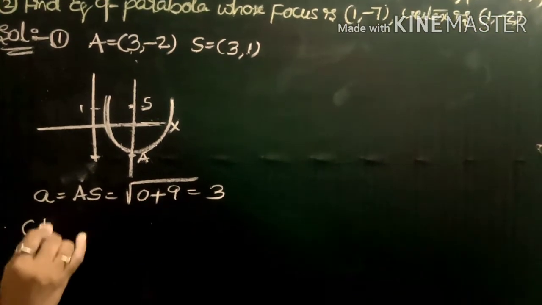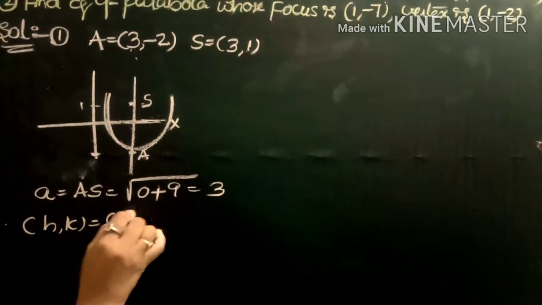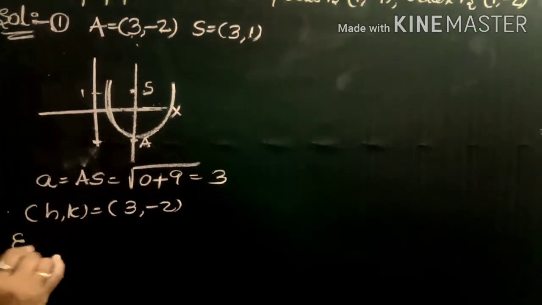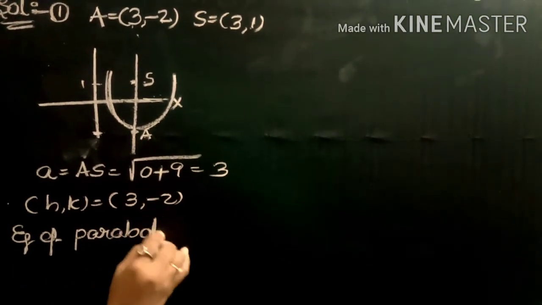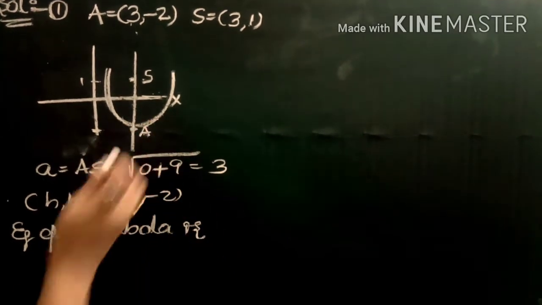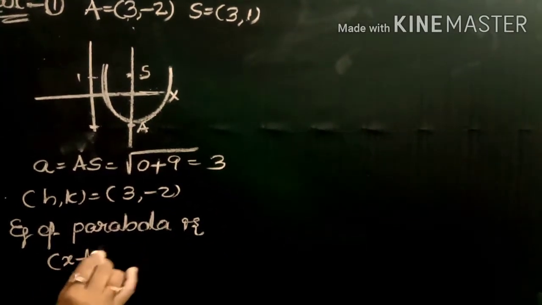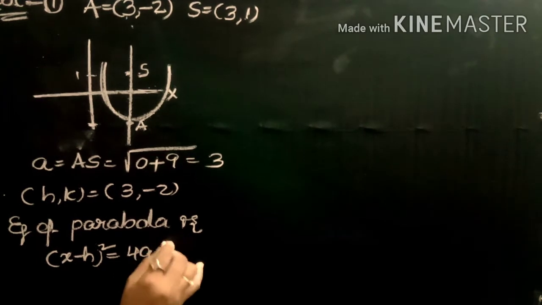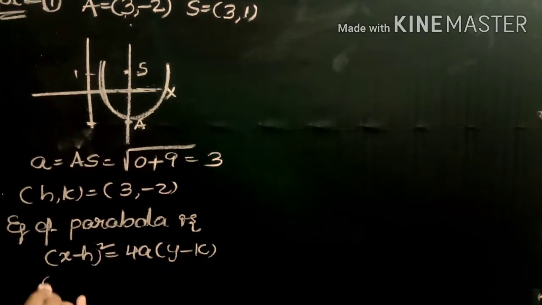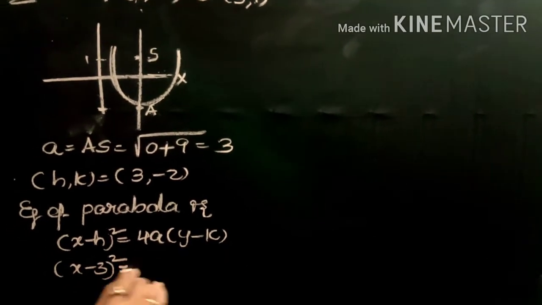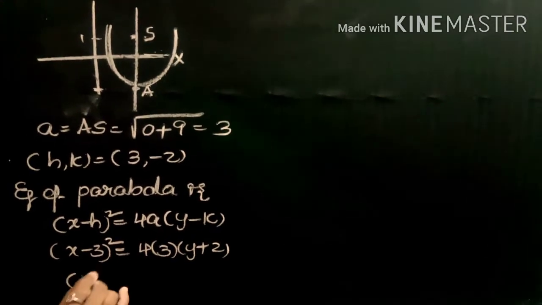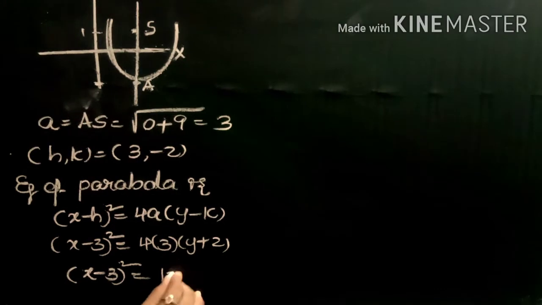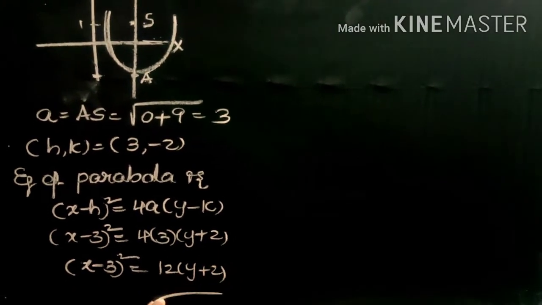Vertex (h, k) is equal to (3, -2). Therefore the equation of the parabola is (x minus h) whole square is equal to 4a into (y minus k). Now replacing the values, (x minus 3) whole square is equal to 4 into 3 into (y plus 2). That is (x minus 3) whole square is equal to 12 into (y plus 2). That's all. This is the first problem.